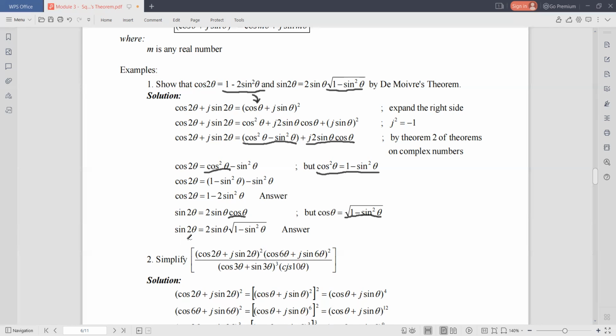Sine 2 theta is equal to 2 sine theta times the square root of 1 minus sine squared theta. We just substituted. Therefore, sine 2 theta is equal to 2 sine theta square root of 1 minus sine squared theta. And so we just used De Moivre's theorem to evaluate these two equations.